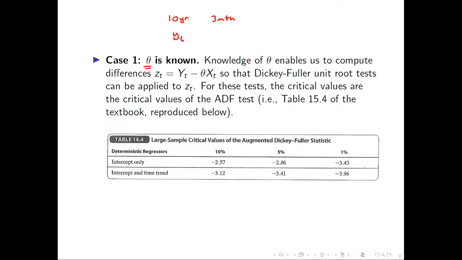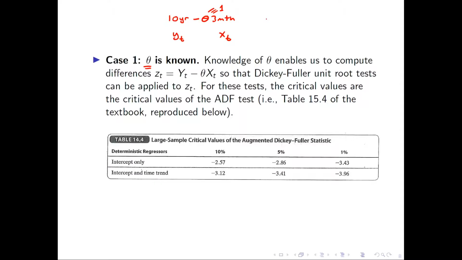This is yt, this is xt, for example. And here, from theory, we assume that this theta is equal to 1.